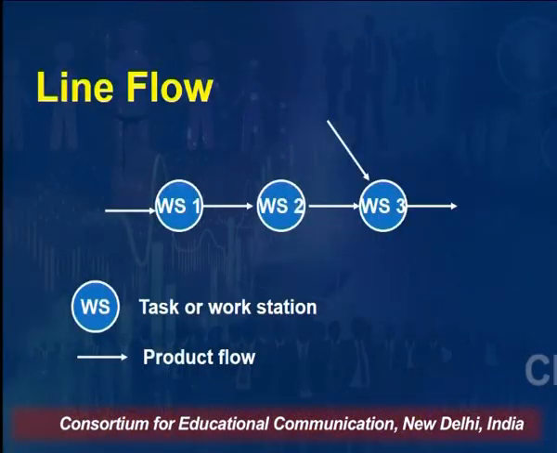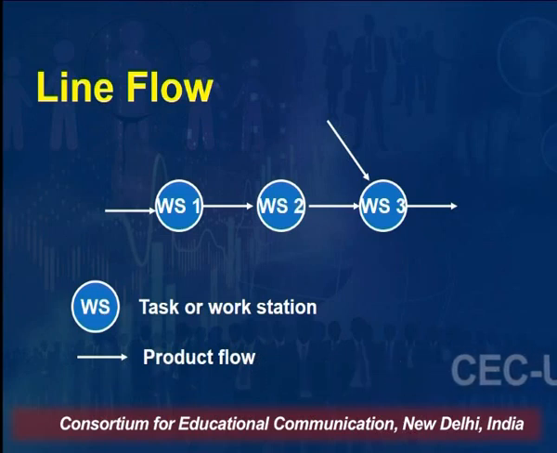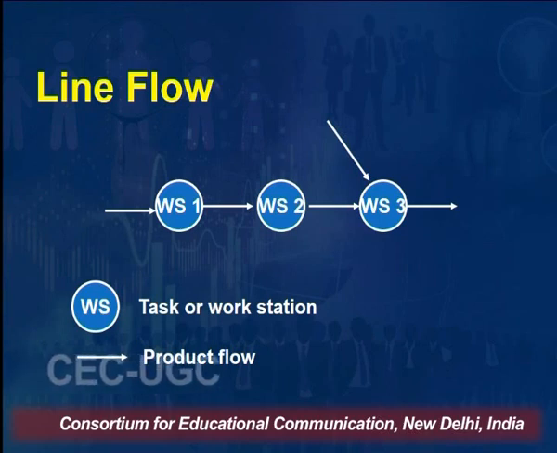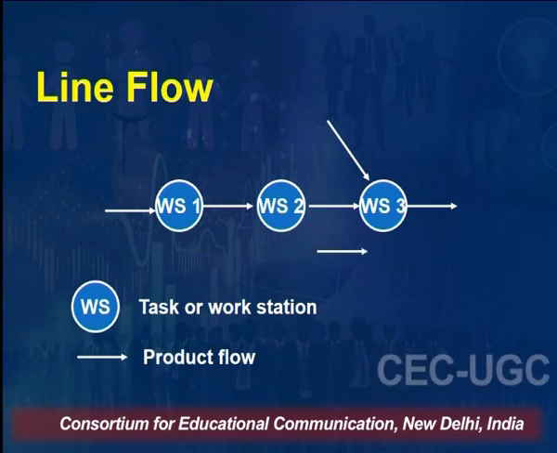If we see a line flow, once again it's another way of understanding it. In a line flow you have various workstations. Let's say you have WS1, that is workstation 1, workstation 2, WS2, and workstation 3, WS3. The product will move in a set line, in one direction.